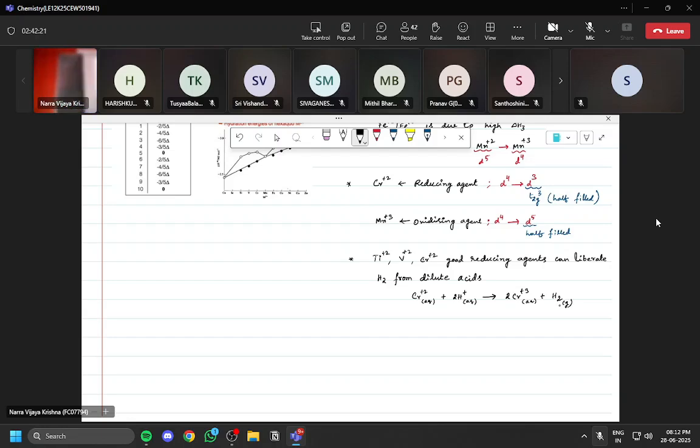Now in the chromium plus 3 state, what is its configuration? d3. So d3 is stable, because of t2g3. Are you able to understand?